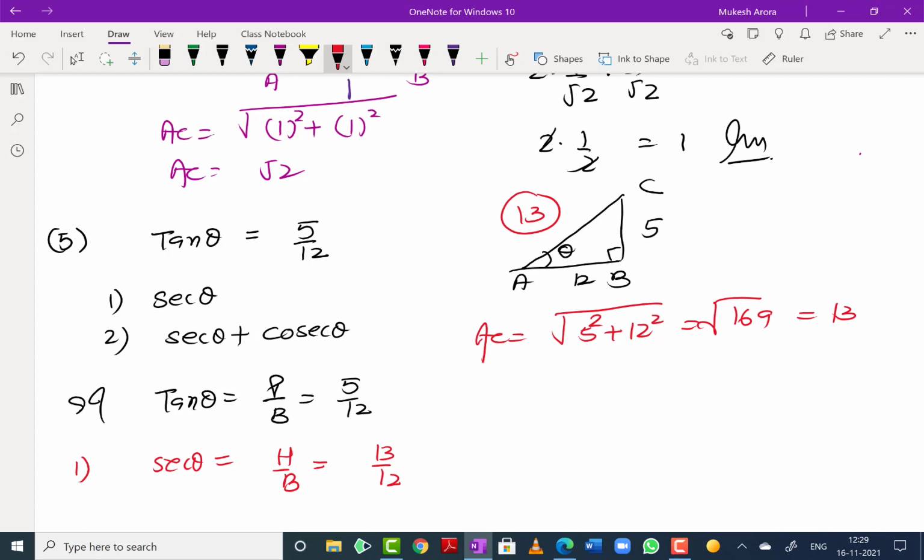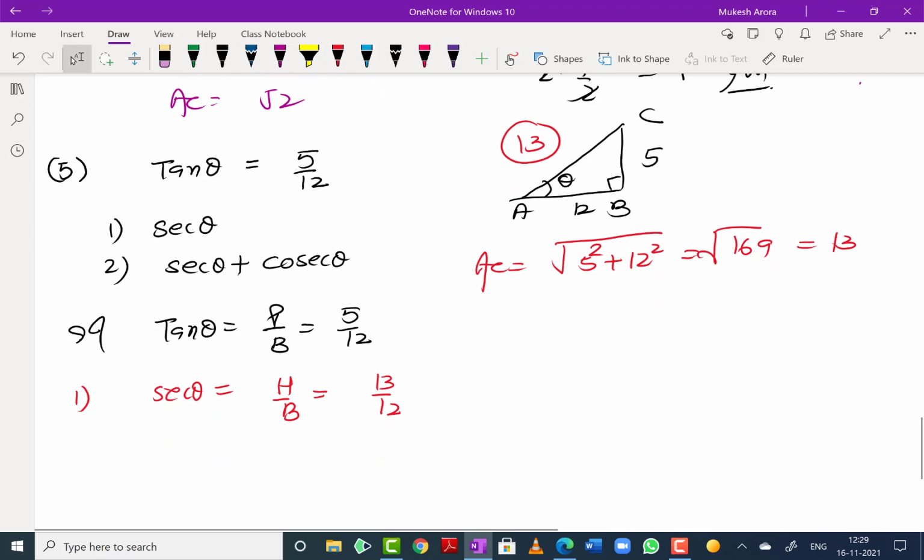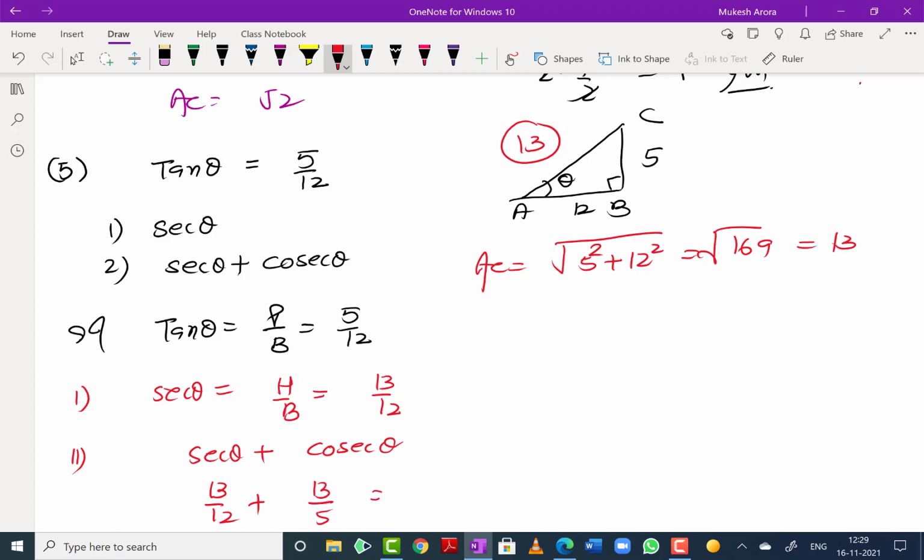And the second is cosecant theta. We have to find secant theta plus cosecant theta. Secant theta is 13 by 12. Cosecant is hypotenuse by perpendicular, 13 by 5.